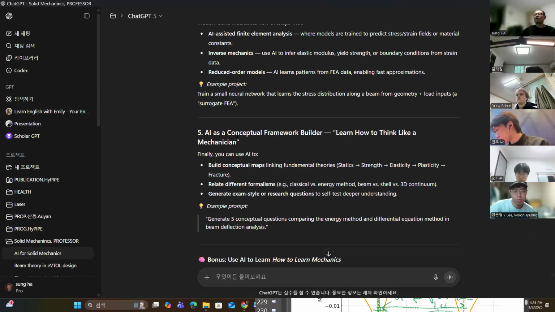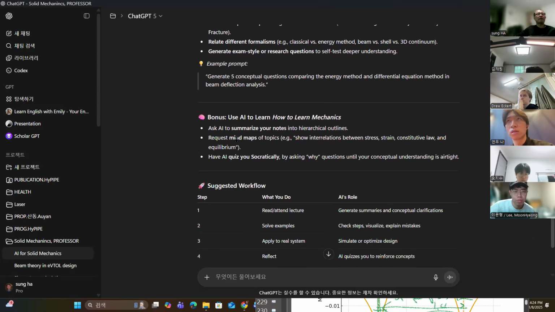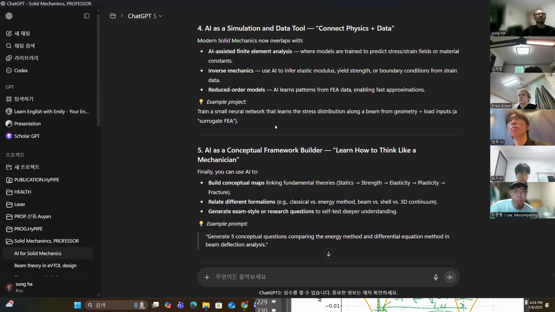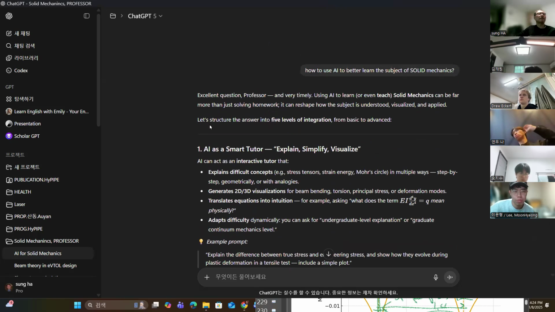See, with this AI tool always with you, it can be used as a part of yourself as a designer, and so many things.